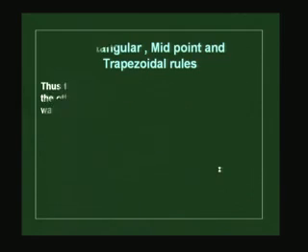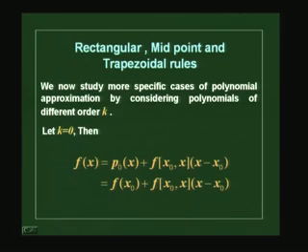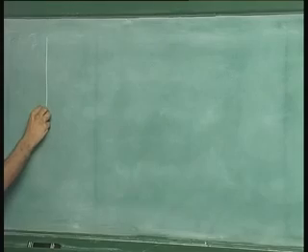So we will now look at some special cases of integration, and we will evaluate the error using this basic theoretical frame. To start with, we will look at 3 different cases called rectangular, midpoint and trapezoidal rules to integrate a function. Okay, so let's say we have a function of this form.